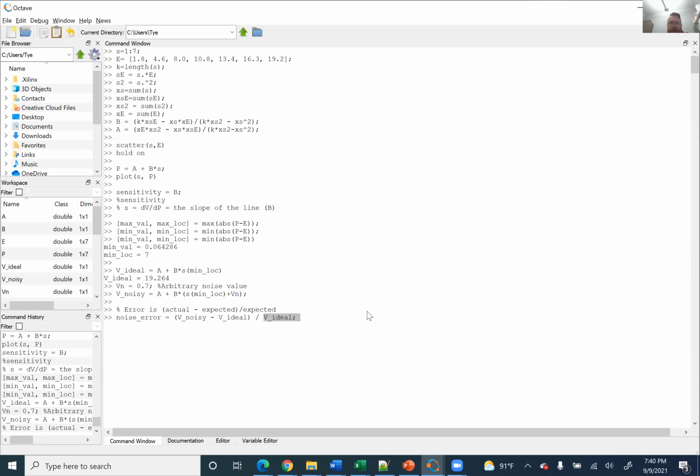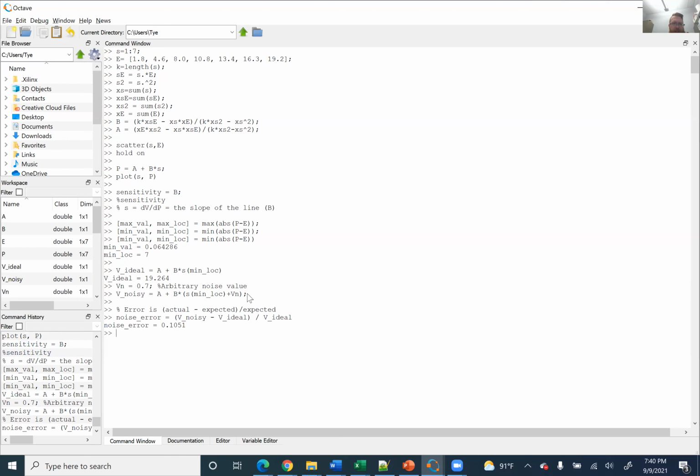I know I screwed up the example in class, but this is the real one that we really want. So, the difference between the expected and measured divided by expected. I can remove the semicolon because that expresses the output, and it looks like I end up with a 10% error due to a 0.7 VN.